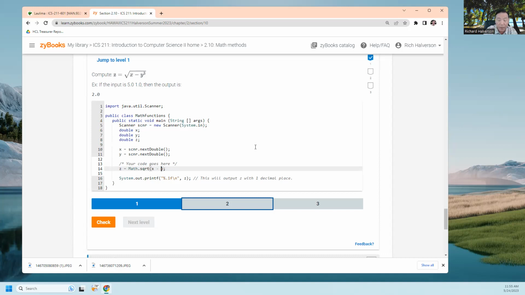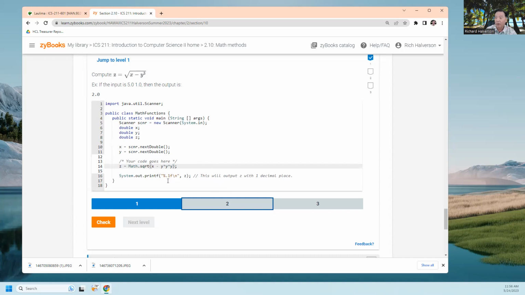Now I can use the math function Math.pow, or I could use just y times y times y. I like y times y times y. It's probably faster. I'm positive it's faster. All right, so is this correct? I think so.